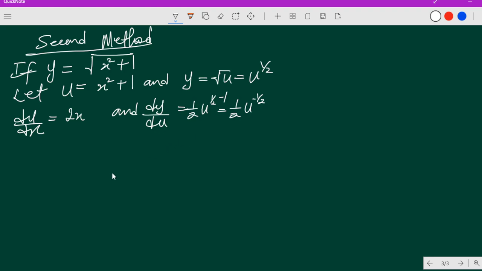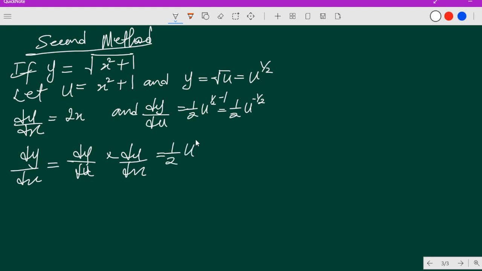You now go back to the formula, which says that dy dx is equal to dy du multiplied by du dx. Therefore, dy du is half u to the minus half, multiplying du dx which is 2x.